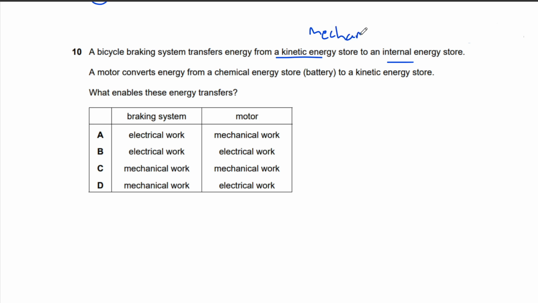And for this chemical energy to a kinetic energy store, this is converted by the motor. Because a battery is working to provide this kinetic energy, it will be electrical work. So the answer will be D.